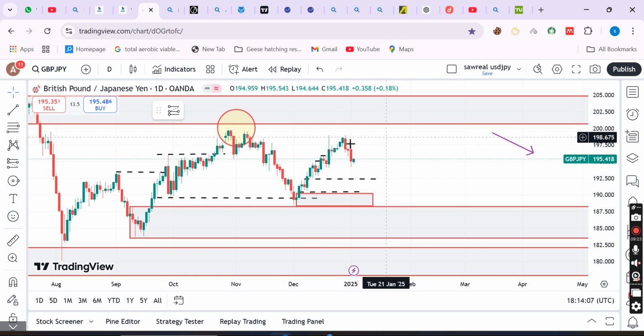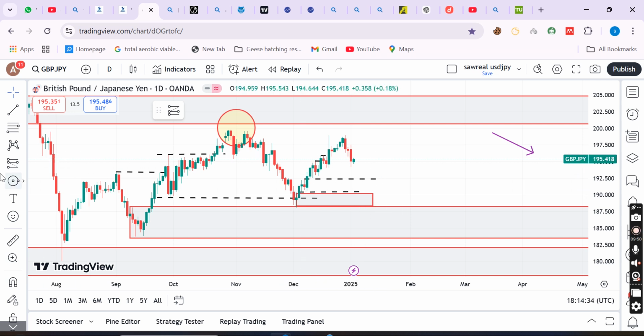Now we want to see. Price with this high reacted off this other block over here, and then we have a sell. We can see already one break of structure to the downside. This buy is going to be a bit of an inducement, and then it will fall off.